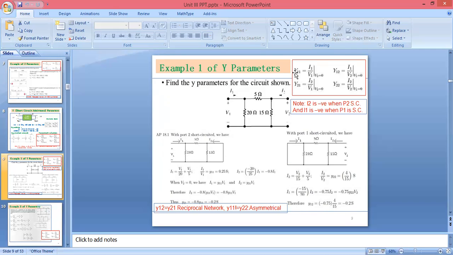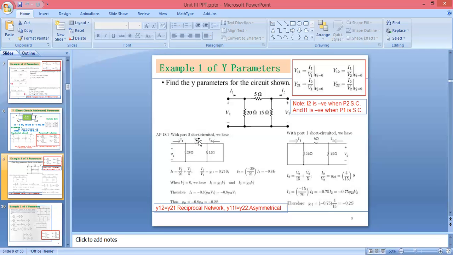तो हम क्या करेंगे यहाँ पे? Here we can apply KCL. If you are applying KCL, what you will get? I1 is incoming and these are the outgoing. ये कहाँ जा रहा है? 20 में जा रहा है और 5 में जा रहा है. So we know here the voltage will be V1. So what we can write here? I1 equal to V1 upon 20 according to Ohm's law.